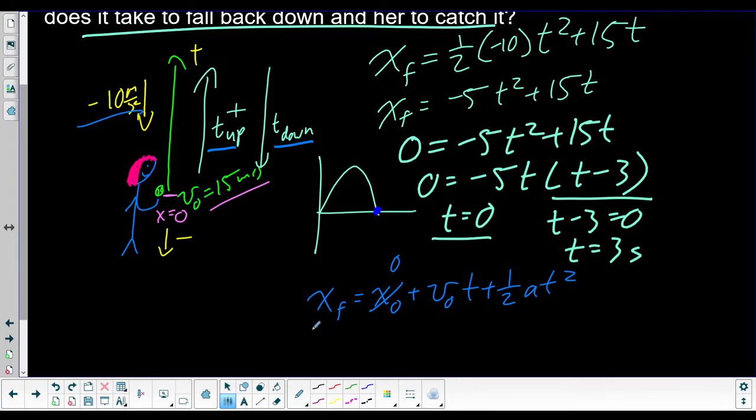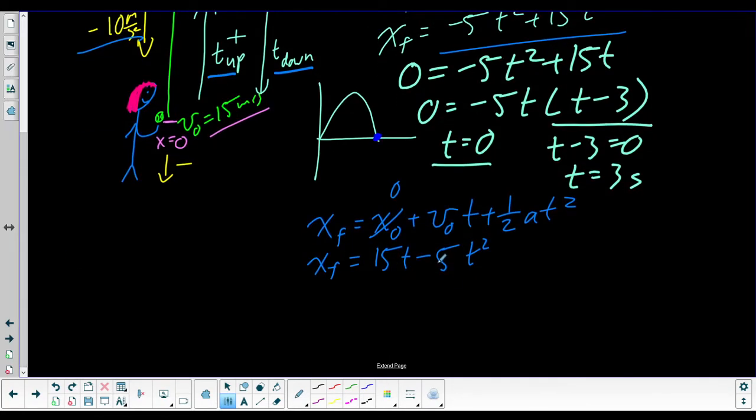So if we make our substitutions, x final equals 15t minus, negative 10 times a half would be negative 5, so minus 5t squared, right? The problem with trying to use the displacement equation here is that we have two variables. We don't know how long it takes to get to the top, and we don't know where the top is. Okay, that kind of stinks. So this is not going to work for us. Okay, so we'll abandon that idea.